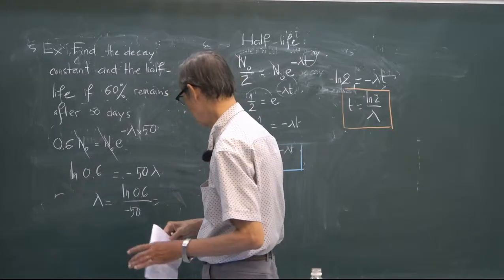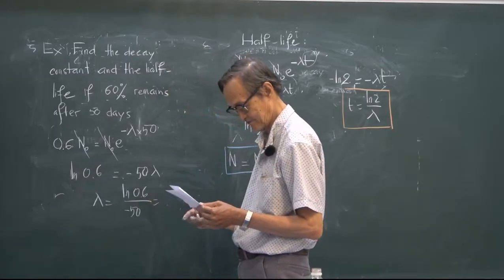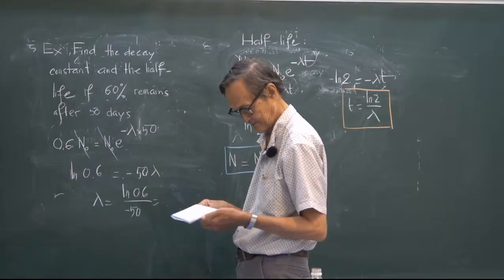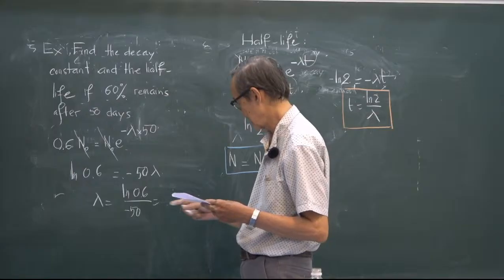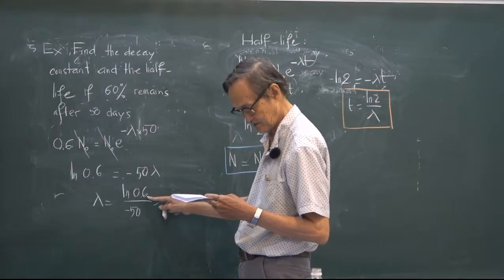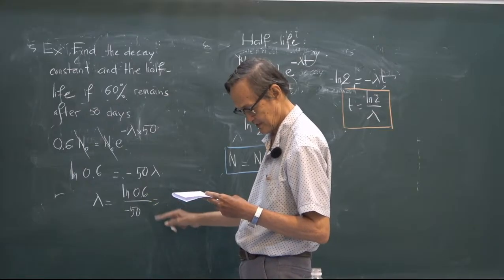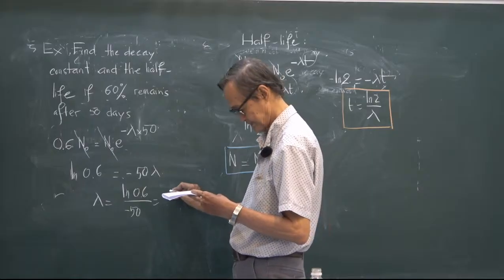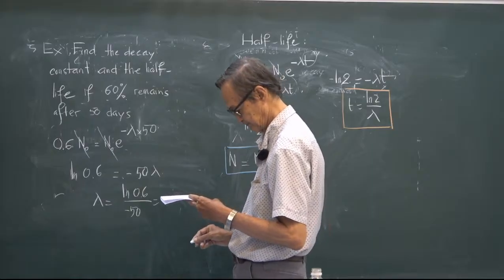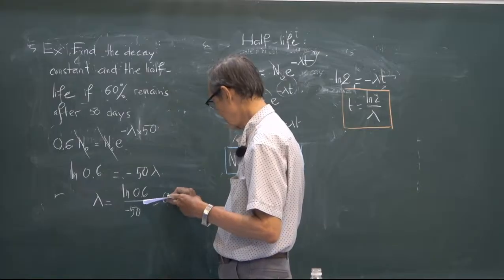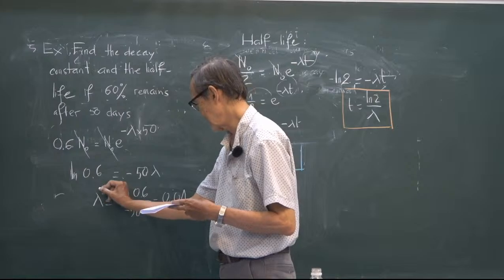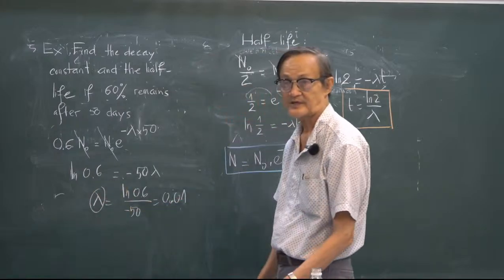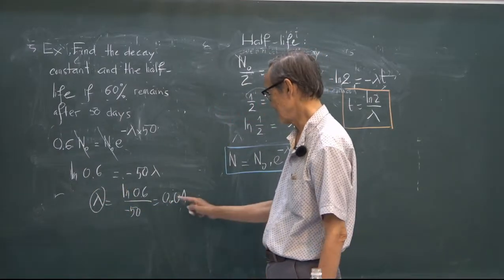You can use a pocket calculator. Natural log. Okay. Lambda equals 0.01, the decay constant, positive.